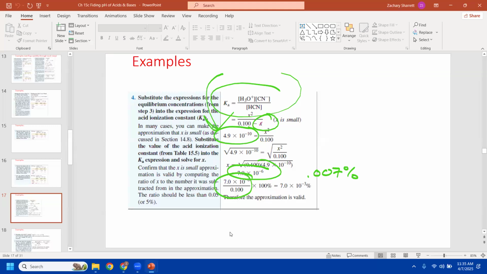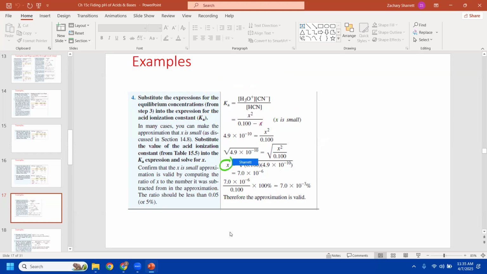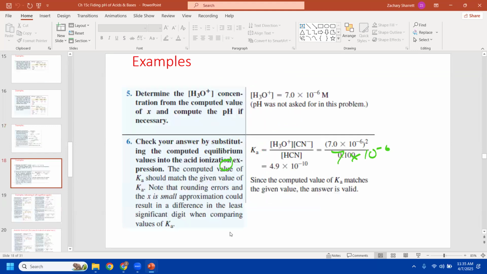You could plug your answers back in. And now the K value, so whatever we got for K for X, the X value is 7 times 10 to the negative 6. And remember that X was equal to the H plus concentration. That was what we wanted to find.